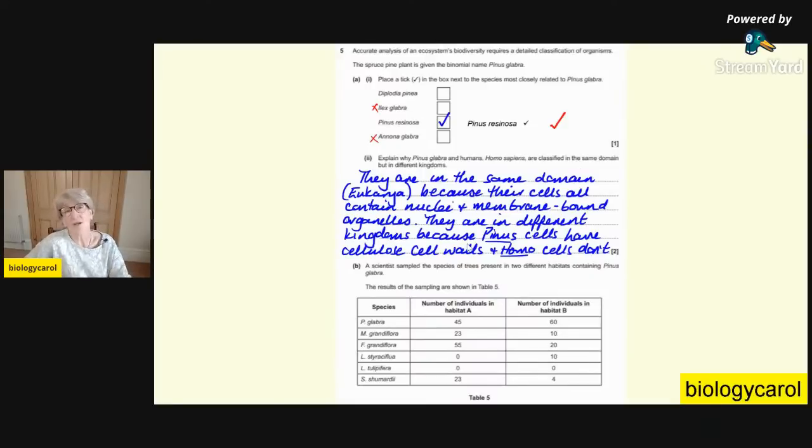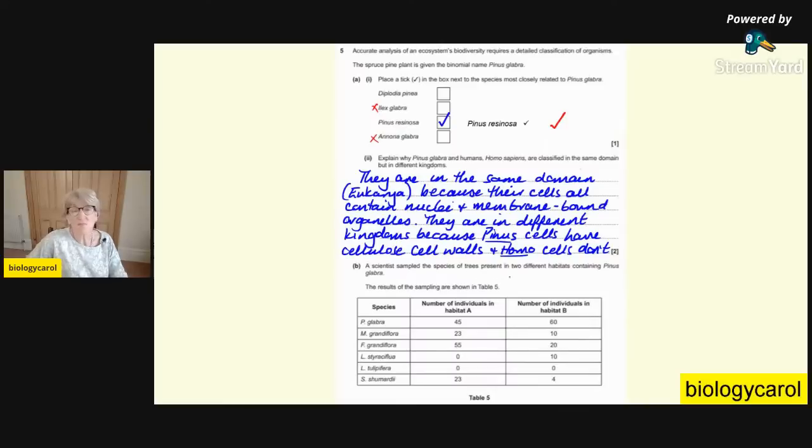Pinus is in plants, Homo sapiens is in animals, because Pinus cells have cellulose cell walls, whereas Homo sapiens cells don't. This is using your knowledge of the difference between the five kingdoms, which you learnt about at AS, and you had to be able to nail that.